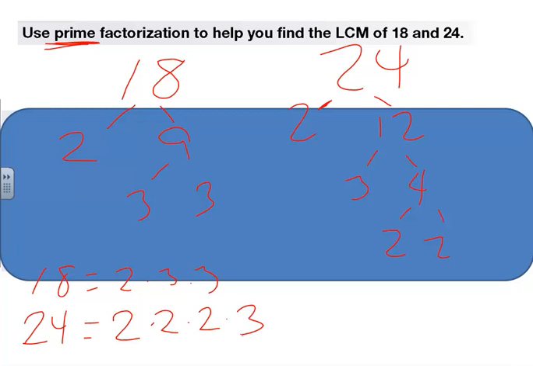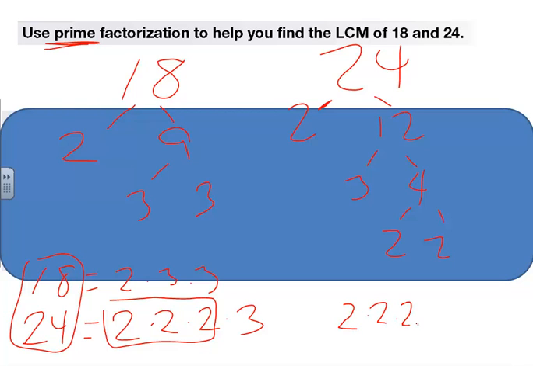Okay, now to find the least common multiple, and this is the tricky part, you need to really pay attention right here for this step. Both of these numbers have 2's and 3's. Which one has the most 2's? The 24 does. So we're going to take out all of these 2's and put them over here. 2 times 2 times 2.